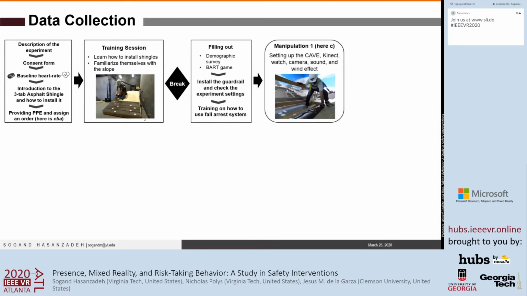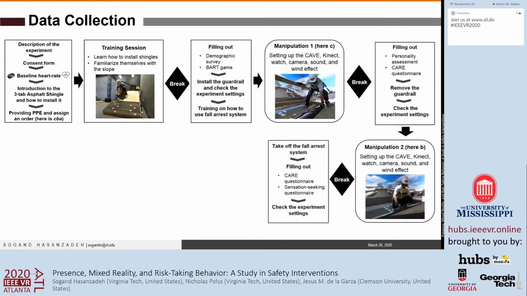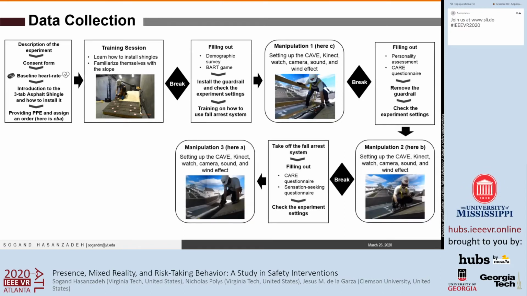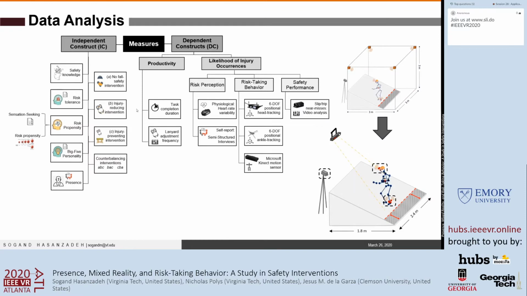The participants were provided with a break between each experimental condition to ensure their heart rate came back to normal. After we were done with the experiment, we conducted a semi-structured interview, and then they received their compensation and left. Qualitative and quantitative measures were used to track workers' motions, localize their position, monitor their physiological responses, and obtain real-time musculoskeletal data.